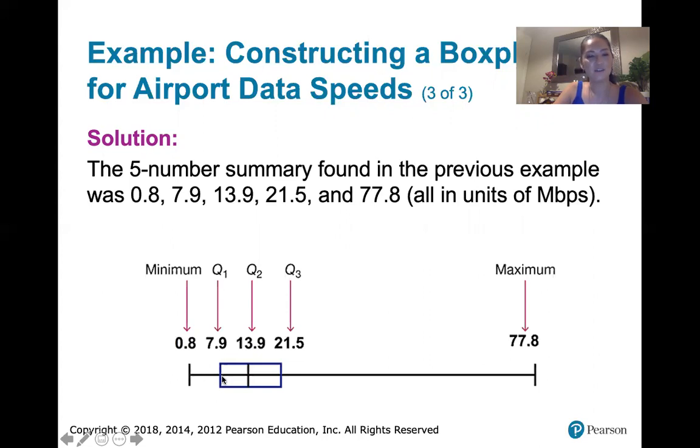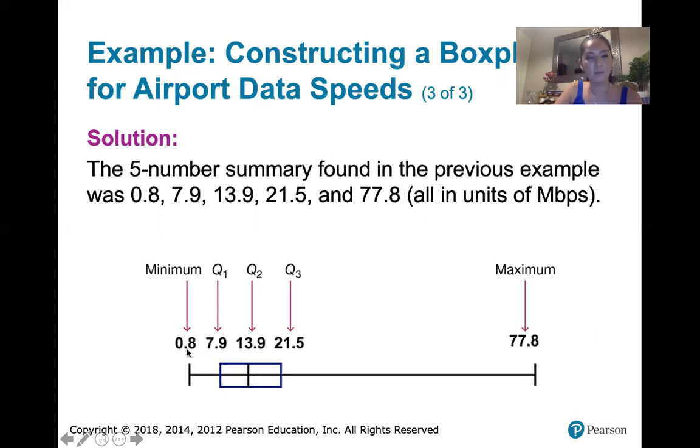So that means there's a difference of about 7 units between that first quartile and the minimum. But then look at the third quartile and the maximum. There's a difference of about 56 megabits per second between that maximum value and that third quartile. So this is showing us where that 25% in each little piece actually lies. It shows us how spread out it is or how condensed it is in terms of how close those values actually are to each other.